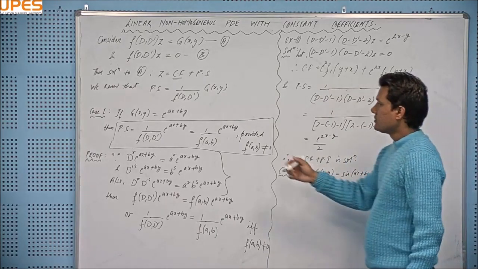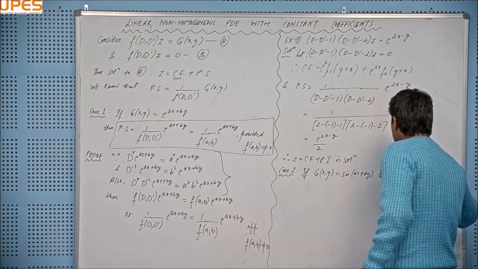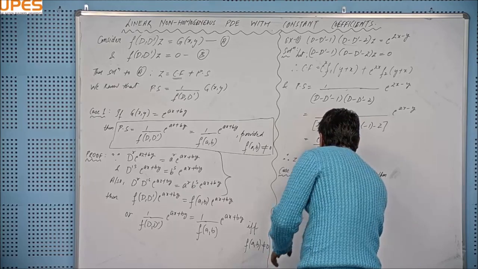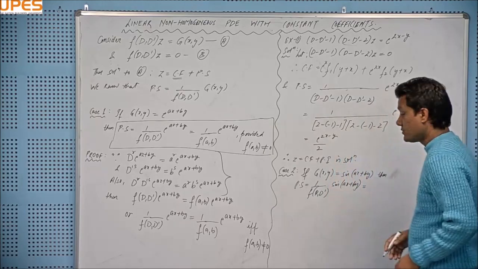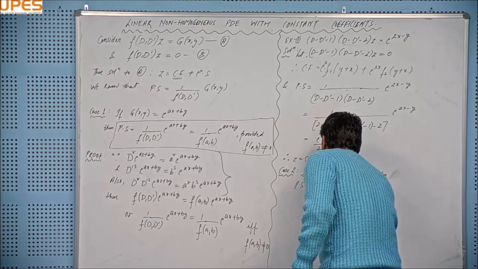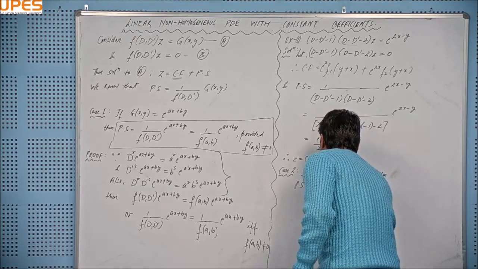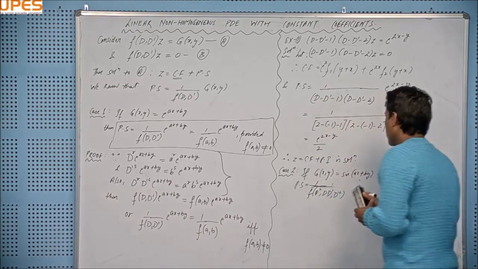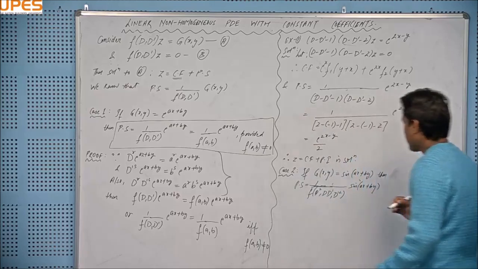Then this particular integral formula becomes PI is equal to 1 over f(D, D') sine(ax plus by) is equal to, in this case, I should write it as f(D^2, DD' and D'^2) sine(ax plus by). Okay.